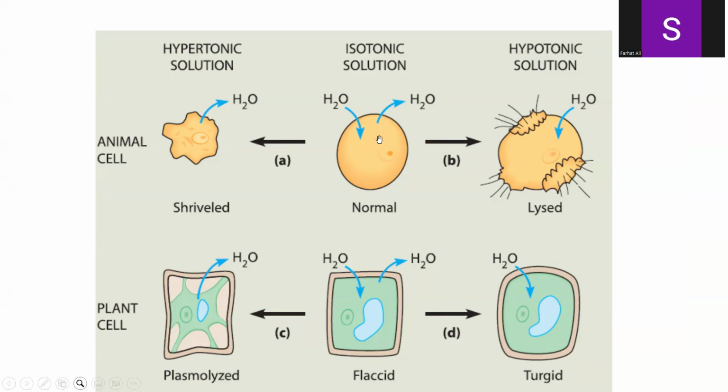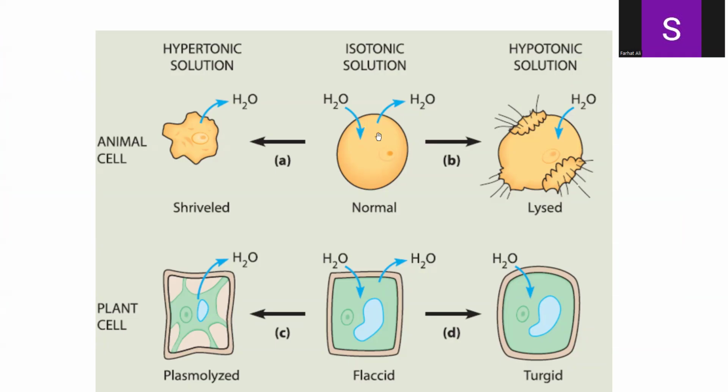So if the concentration of water molecules across the membrane is the same, then the water potential will also be equal. In this case, the solution is said to be isotonic. Iso means same, so we have the same concentration.